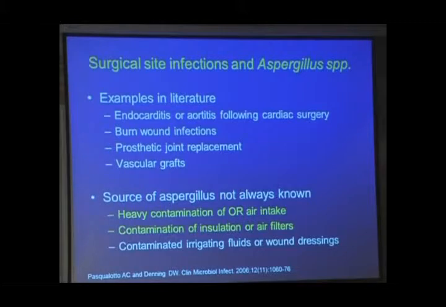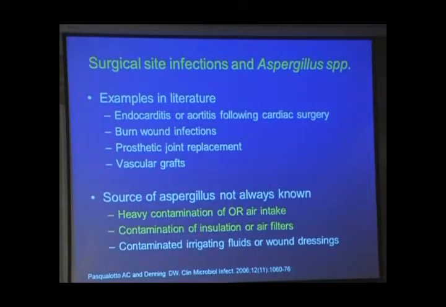And the source of aspergillus may not always be known, but particularly where you need to be concerned after flooding and contamination is heavy contamination of the operating room air intakes and contamination of the insulation or air filter.